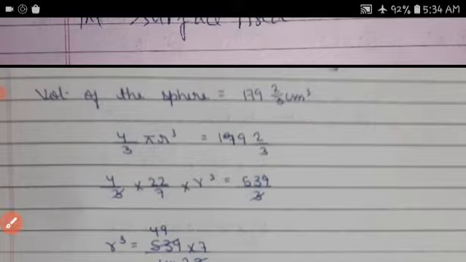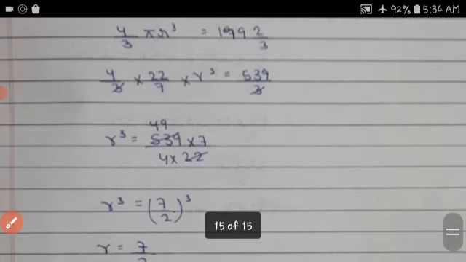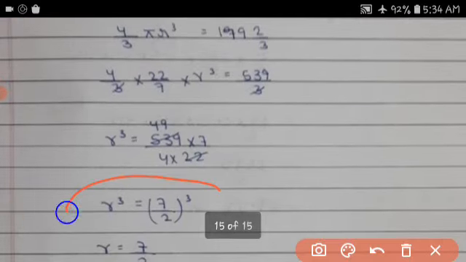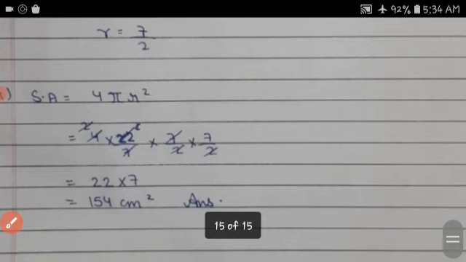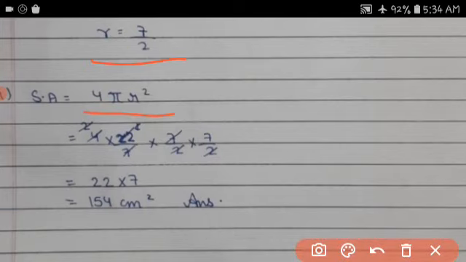Now the value of r cube is equal to 7 by 2 whole cube. Now r is equal to 7 by 2. Now surface area is 4 pi r square. Put here the value of r, 7 by 2 into 7 by 2. 2 twos are 4, and 4 and 4 cancel out here. 7 sevens cancel. Now 22 into 7 is 154 centimeter square.